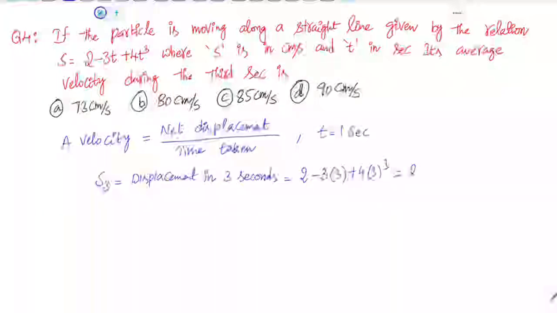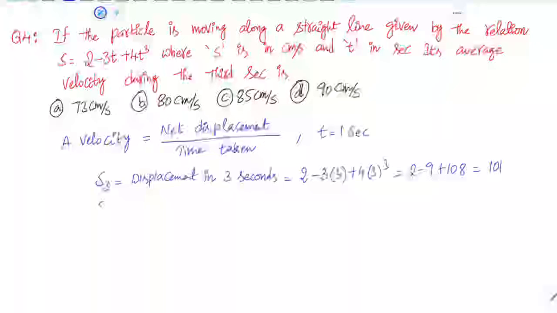It is 2 minus 9 plus 3 cube is 27, 27 fours is 108. Now its value is given by 108 plus 2 is 110. 110 minus 9 is 101. This is the displacement in 3 seconds, not the third second.